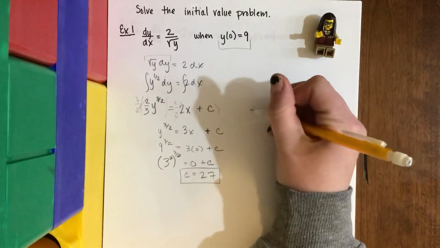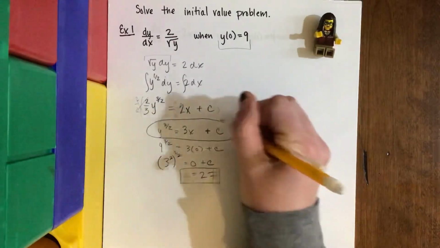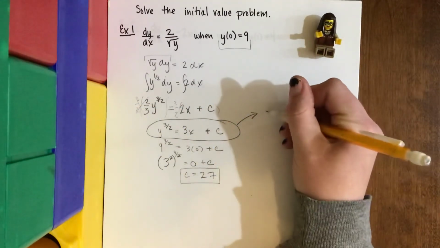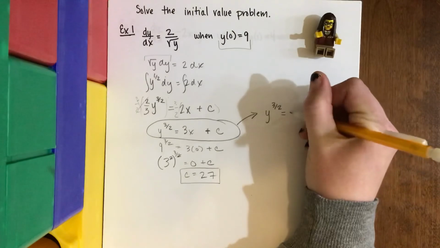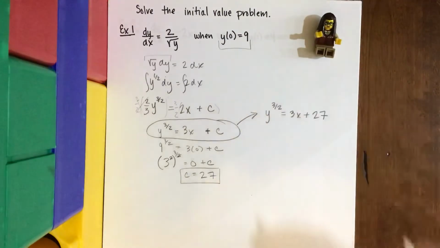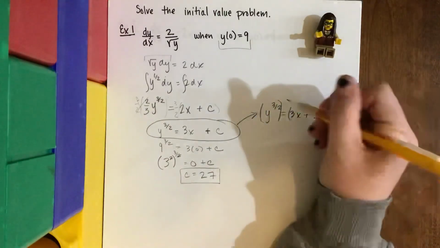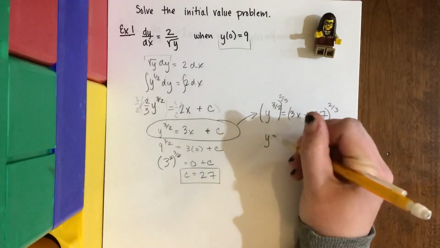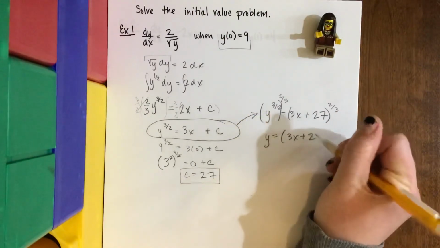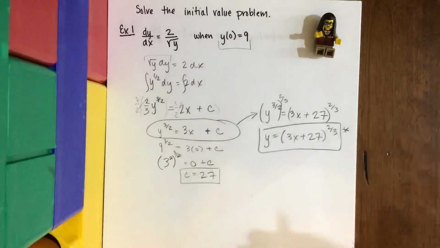So if c is 27 now, my equation is this. Now, I still have y by itself, which isn't a problem, because I can just raise each side to the reciprocal power, which would be 2/3 in this case. So y equals 3x plus 27 raised to the 2/3 would be my final answer.